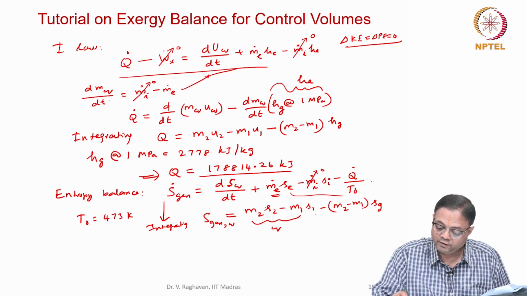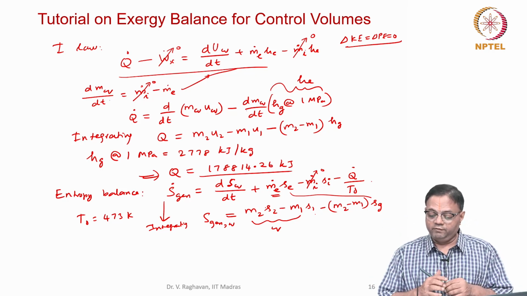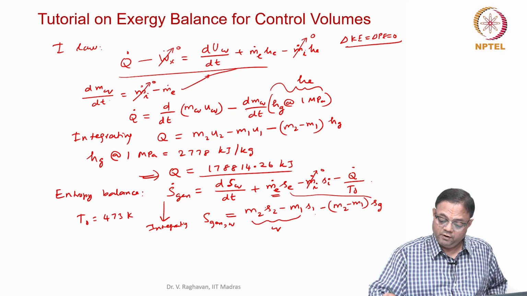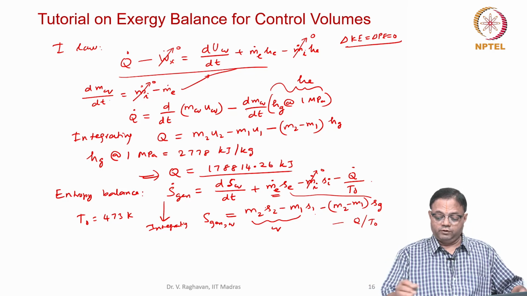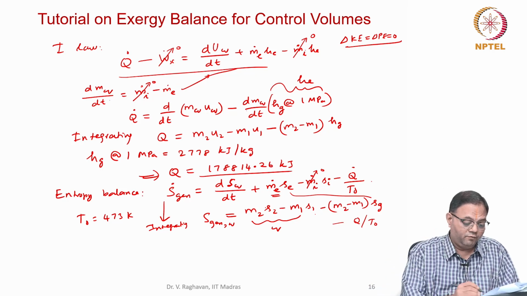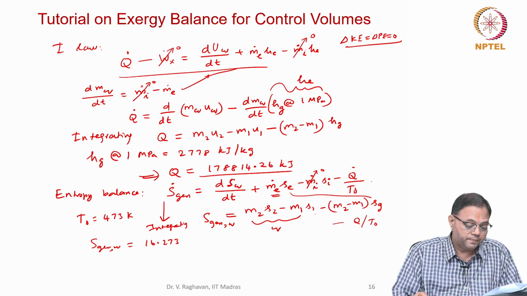This Se is Sg, because only vapor goes out with its entropy, which is Sg. Then minus Q, which we have calculated, the integrated value divided by T naught. So that will be the total entropy generated. When I substitute the values, I get S gen CV integrated value as 16.273 kilojoule per Kelvin.